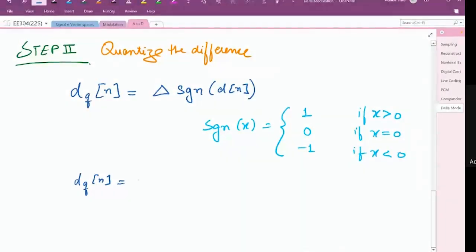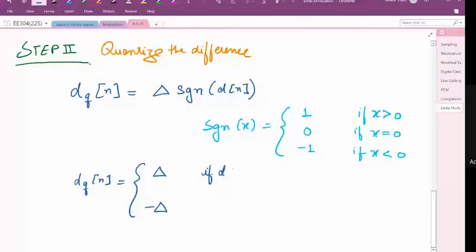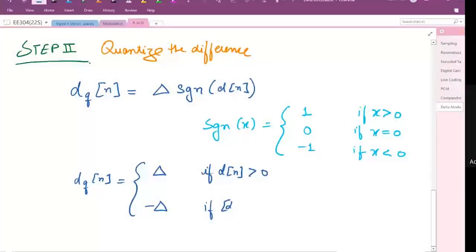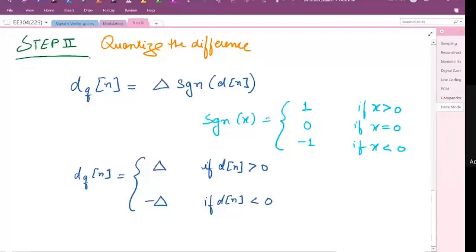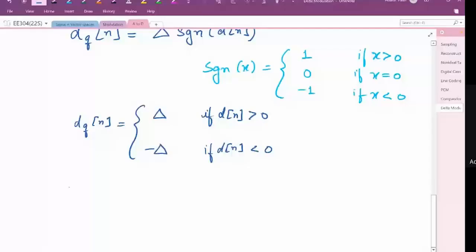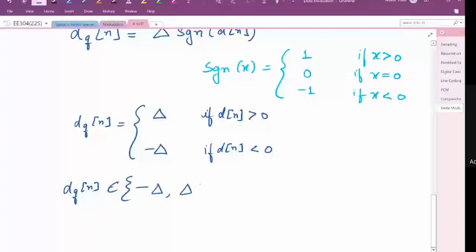So dqn is going to be either del or minus del, depending on whether dn is greater than 0 or dn is less than 0. So dqn can take two values, either minus del or plus del.